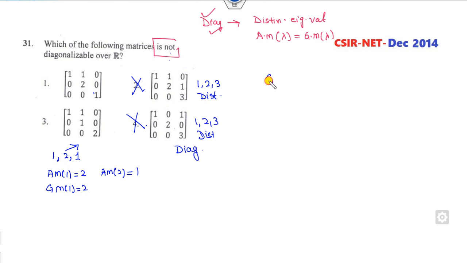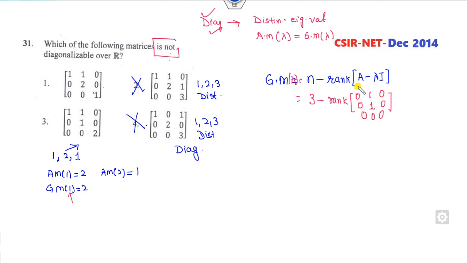How can you find the geometric multiplicity? That is very simple. N minus rank of A minus lambda I, corresponding to whichever eigenvalue you want. So for the first case, 3 minus rank of, I need to find for 1. So this is 1 times I. So what is A minus 1 times I? It is 0, 1, 0, 0, 1, 0, 0, 0, 0.